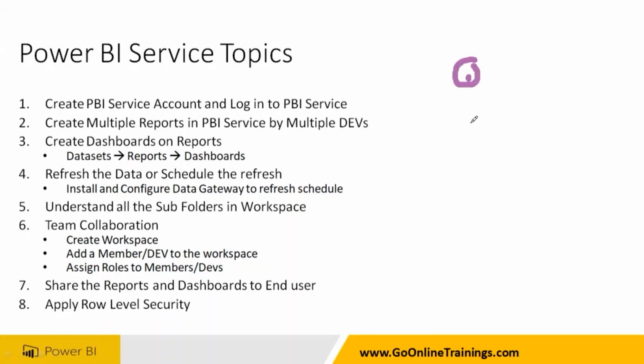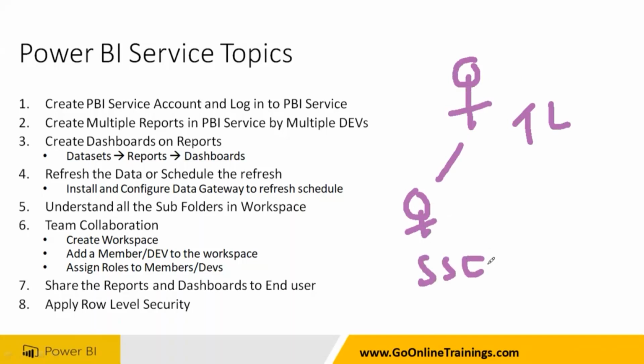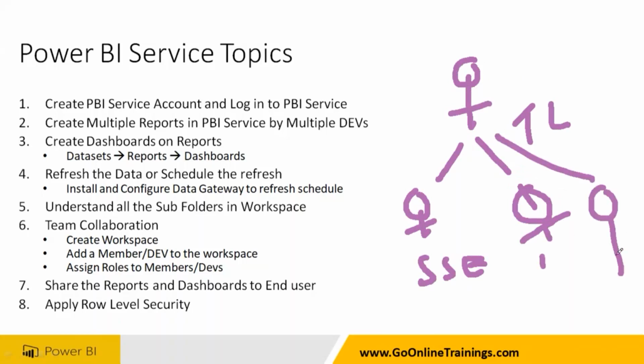You have a team lead, and under that there is an SSE, senior software engineer. Then you have one more person, also called senior software engineer. Below that, you may have a software engineer. So this is your role.